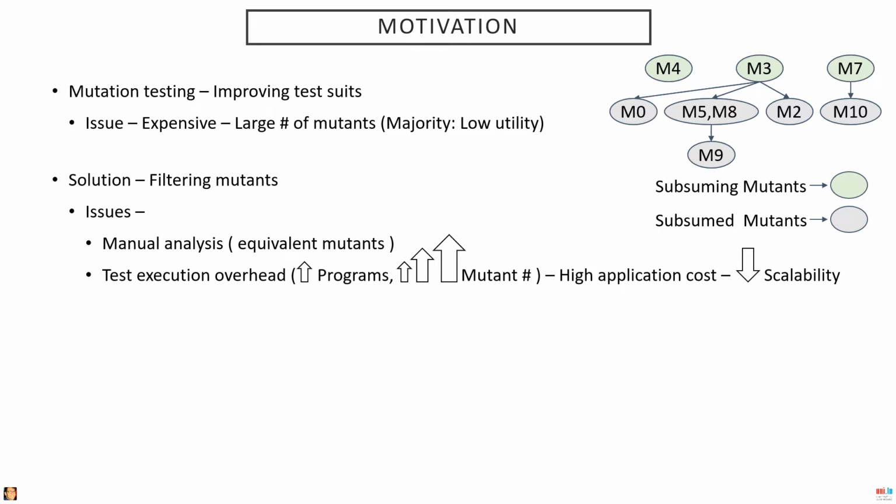Since a mutant is a slight syntactic change from the original code, a lot of mutants can be generated for even a small piece of code. Larger the programs, more the number of mutants. Hence, higher is the application cost, and this results in lowering the scalability of mutation testing in general.